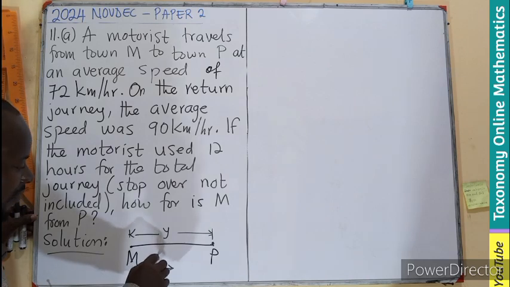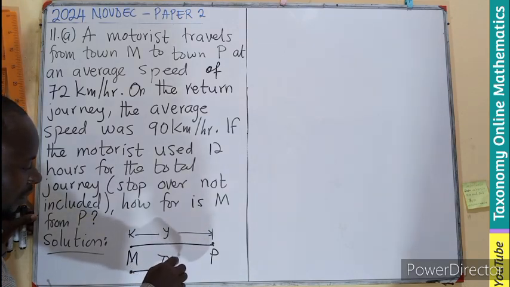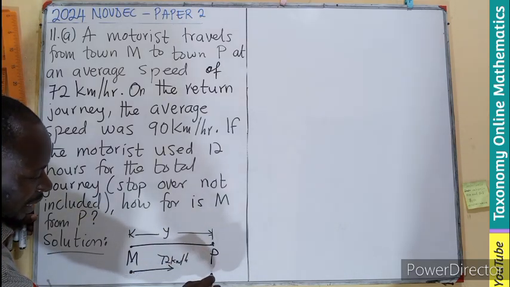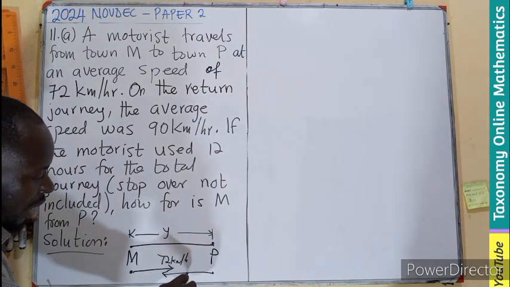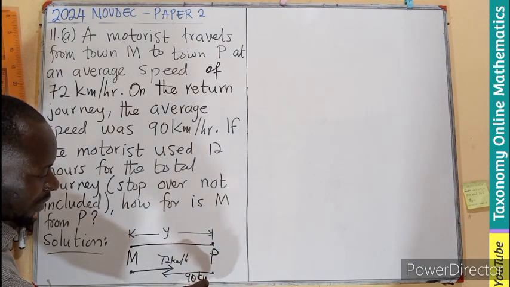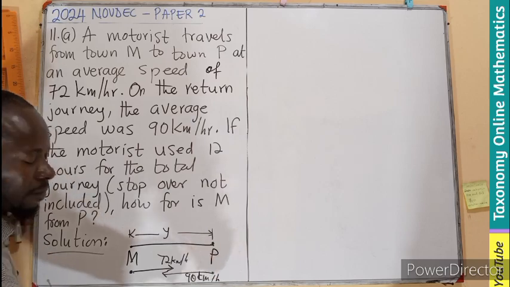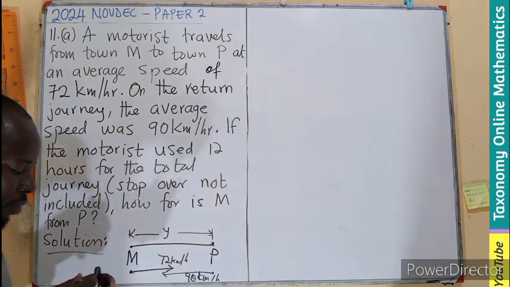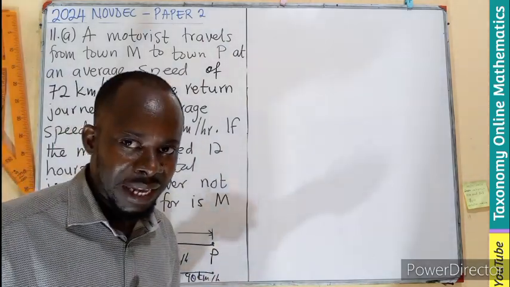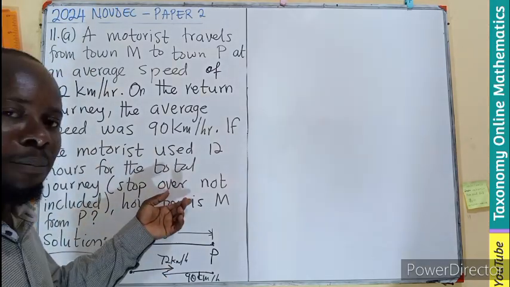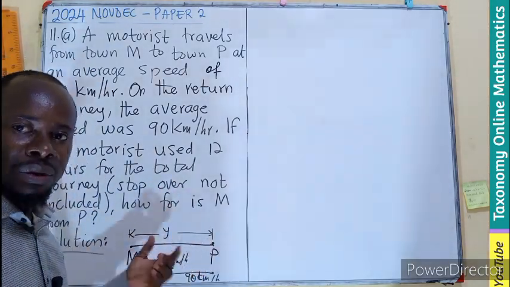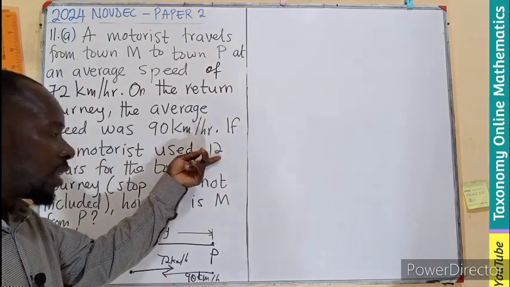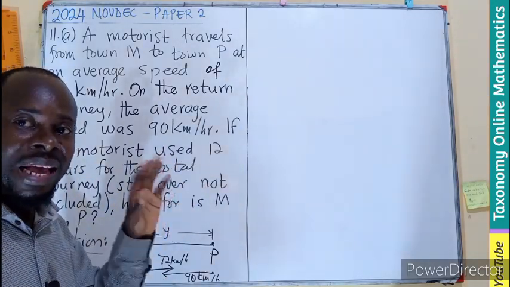That is 72 kilometers per hour. Then traveling from P back into M, we are using 90 kilometers per hour. Here, the time consumed in each journey is not indicated, but we know the total time. Meaning, if I know the time in and the time out, adding the two together, I am supposed to get the 12 hours exactly.